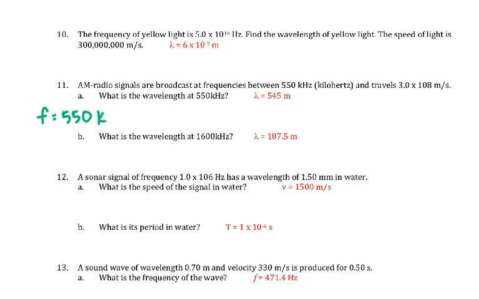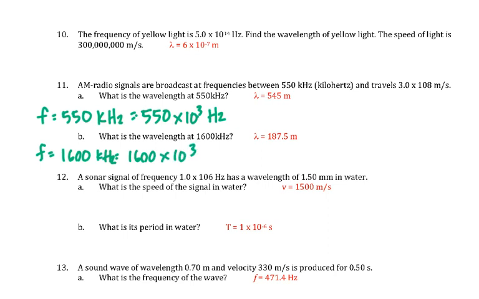So 550 kilohertz can be converted by doing 550 times 10 to the third hertz. You don't have to do any kind of fancy conversion, just tack on what you see in the exponent column to the original number. When you do that, do not change the decimal in any way. So another example would be on letter B, 1600 kilohertz would be equal to 1600 times 10 to the third hertz.